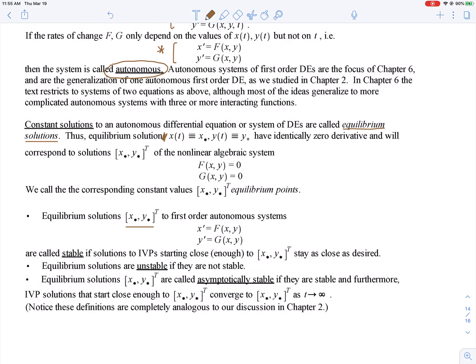So x star, y star will have to solve the algebraic system of two nonlinear equations, f of x, y equals 0 and g of x, y equals 0. And we'll often call the values of the constant solution, x star, y star, equilibrium points, and another synonym that you'll see in the text is critical points.